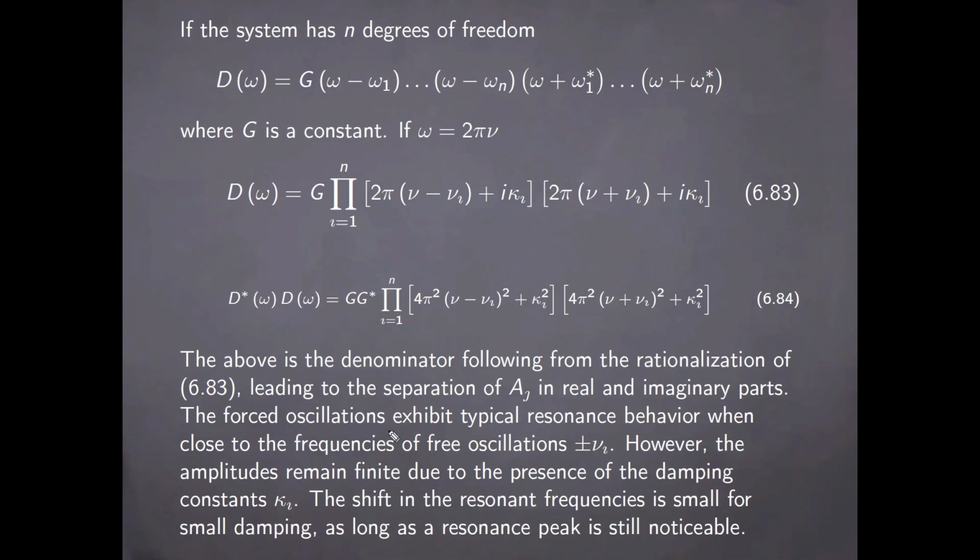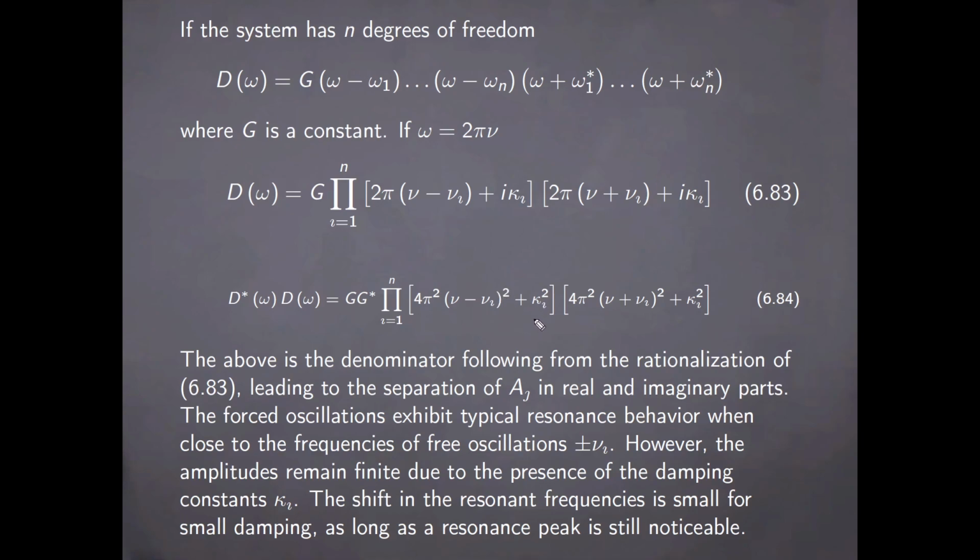The forced oscillations exhibit typical resonance behavior when close to the frequencies of free oscillations. So when these driving frequencies are close to the resonant ones, to the free oscillations. However, the amplitudes remain finite due to the presence of these damping constants, kappa.